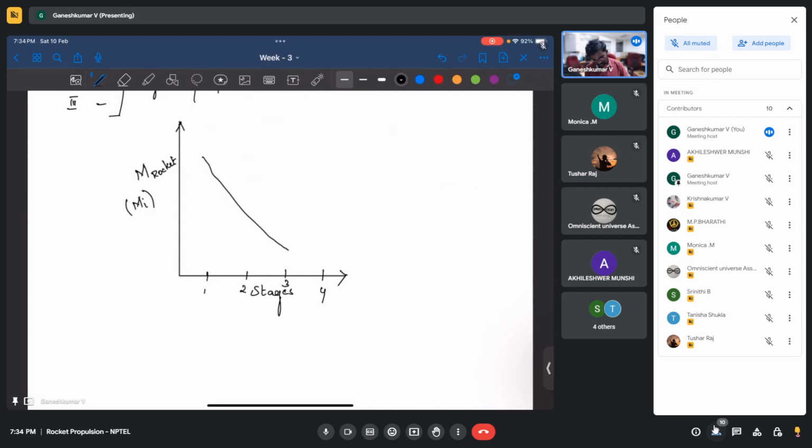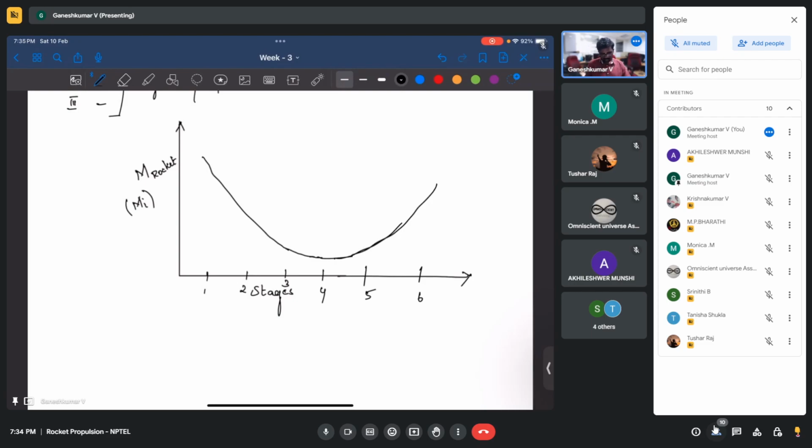Okay, and it might also reduce till the fourth stage, but it becomes more complex as you keep increasing the stages. But after the fourth stage, it will actually increase. But you need not take my word for that. You can do it for yourself and let me know.